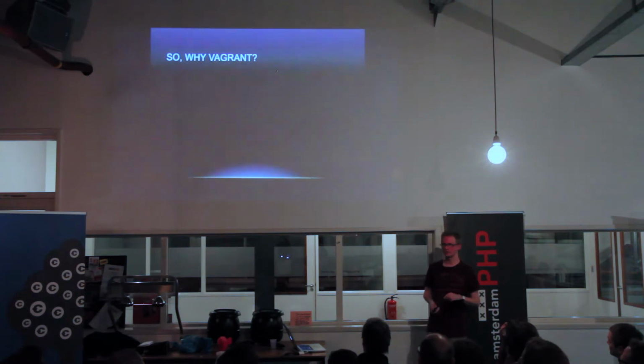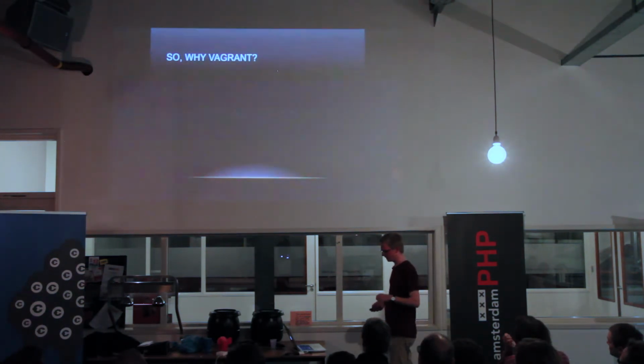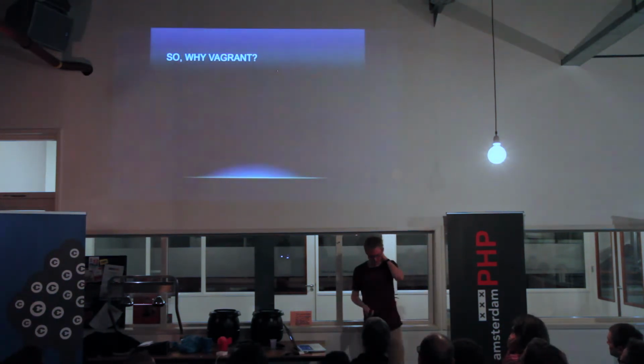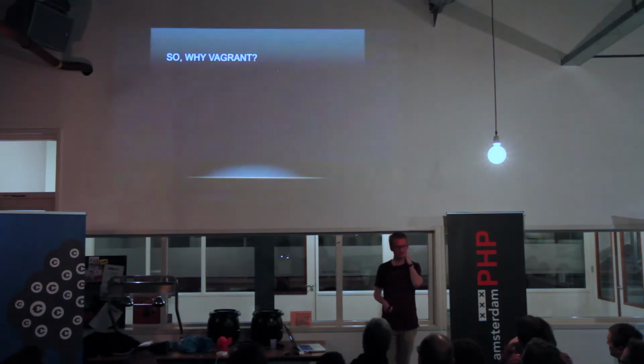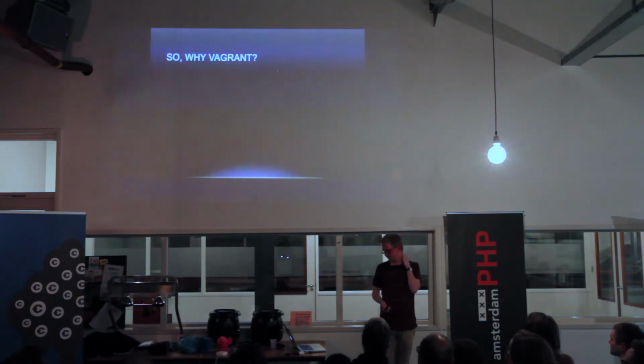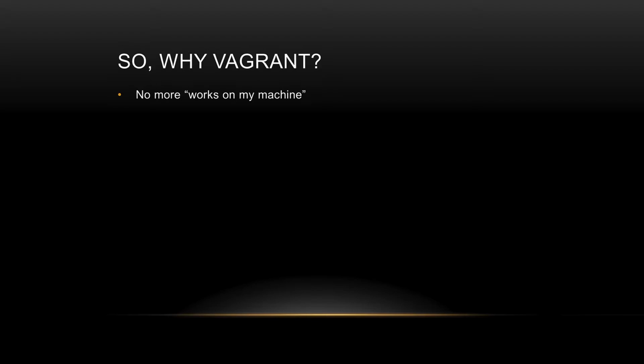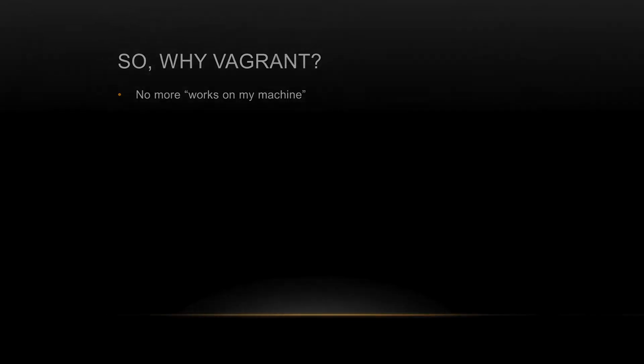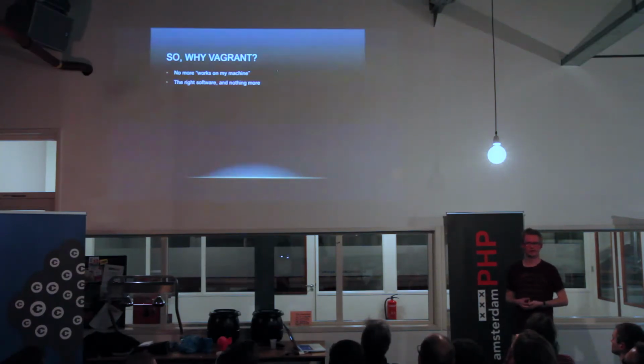So why should you be using Vagrant? What I showed you is only a tiny fraction of what Vagrant can do for you. The most important things, I think, why you should be using Vagrant are no more "works on my machine", as I like to put it. I've heard that one very often.